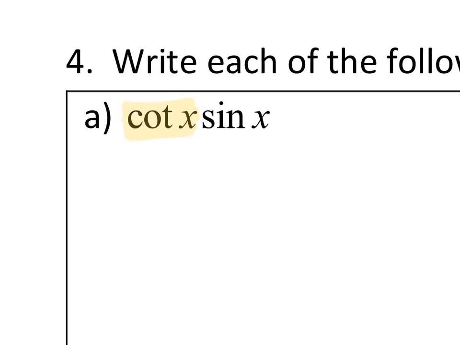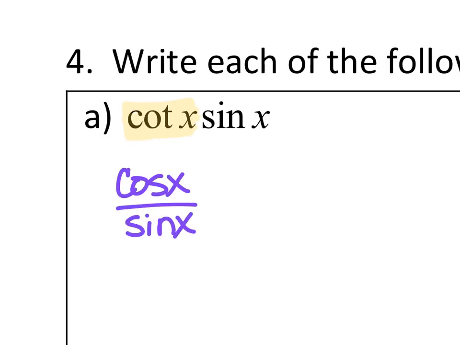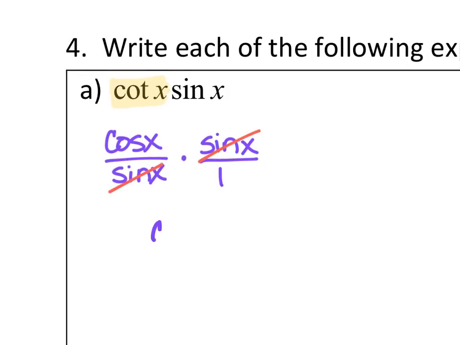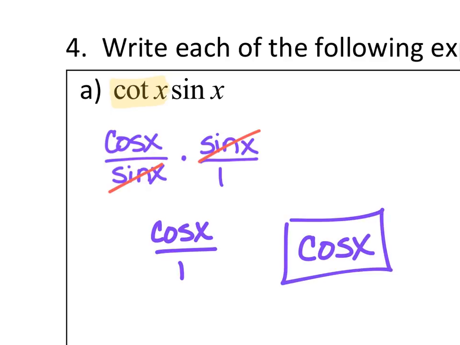Well, cotangent is equal to cosine of x over sine of x. And now I'm going to write sine of x from the second thing being multiplied as sine of x over 1 to stress the fact that I know that I can cancel the sine of x. And make sure that you understand that although you're left with cosine of x over 1, we really don't ever write the over 1 part. We're just going to say that the answer to this is cosine of x.